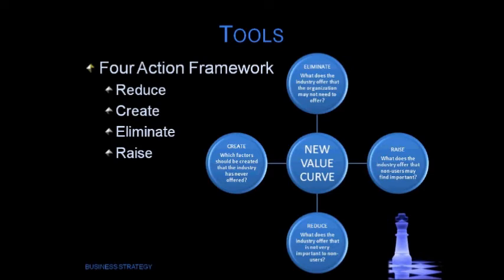What does the industry offer that's not important to non-users? Let's reduce those. Maybe customer service isn't that important. People think we're charging too much because customer service is too high. And then find out what factors should be created that the industry doesn't offer, and create those. That's kind of the whole gist of how the blue ocean strategy works.